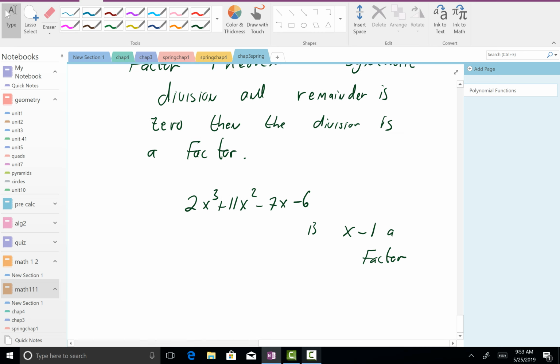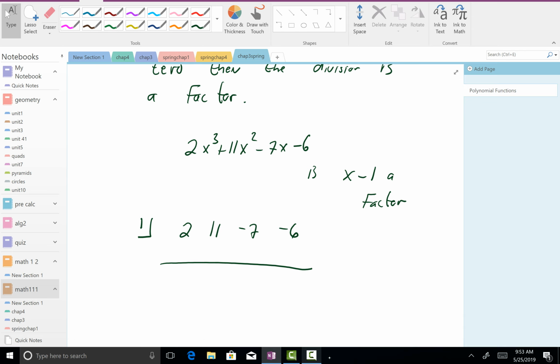Remember, you're always going to divide it by the opposite of that. So here we go. 2, 1 times 2 is 2, 13, 1 times 13 is 13, 6, 1 times 6 is 6. Look at that. I get a 0. So x minus 1 is a factor.